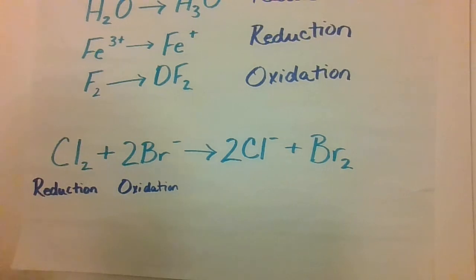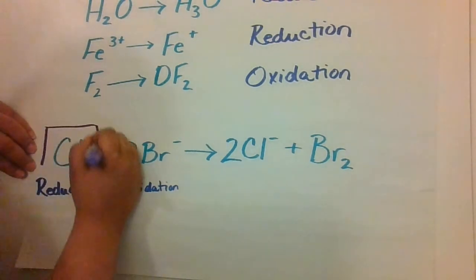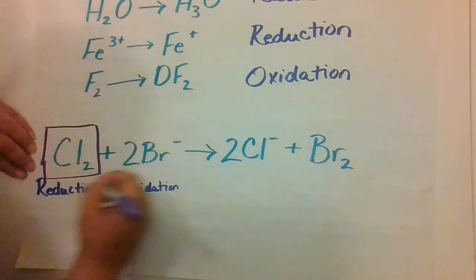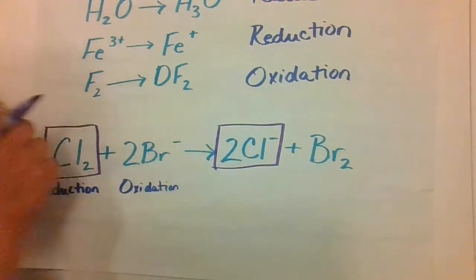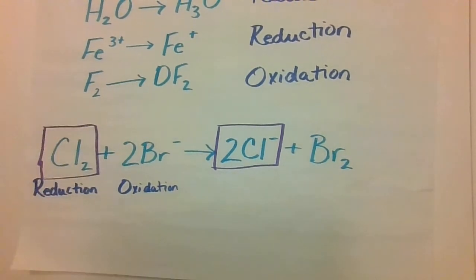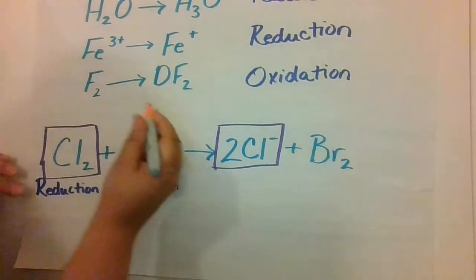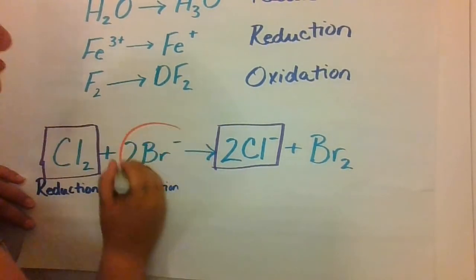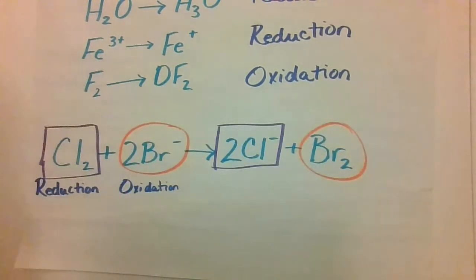So let's take a look. Much like in some of our acid-base problems, I'm going to draw some circles and squares around the items that I want to compare. Here I'm comparing my Cl2 to my 2Cl negative, and I am comparing my 2Br negative to my Br2.